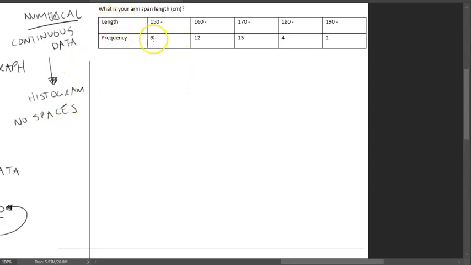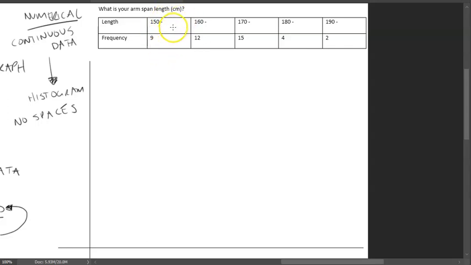With this here, 9 people have provided the answer in the form of a centimeter, the arm span length. 9 people chose in between 150 to 160, but 160 doesn't lie within here, okay?